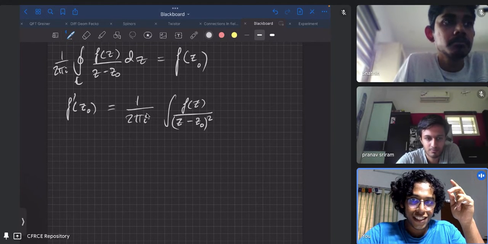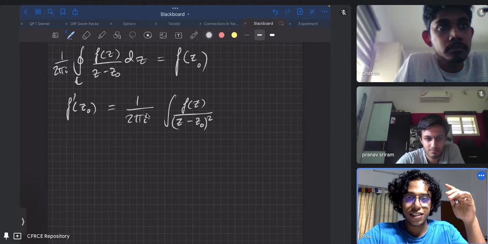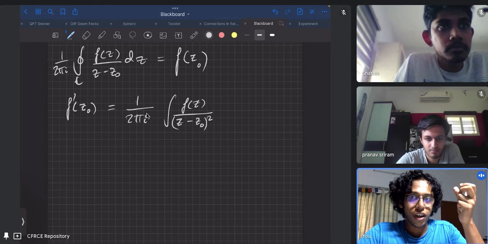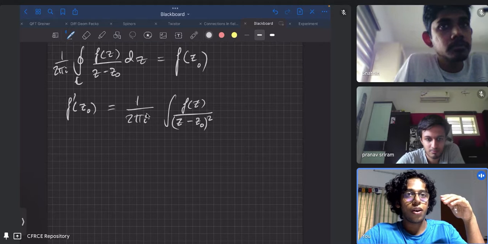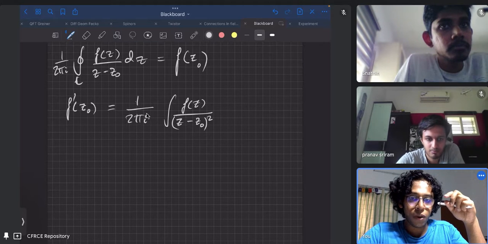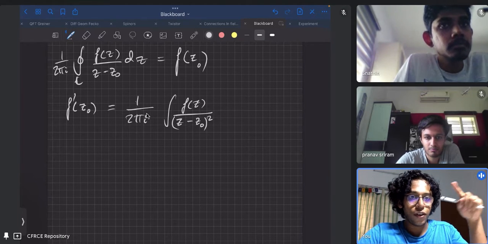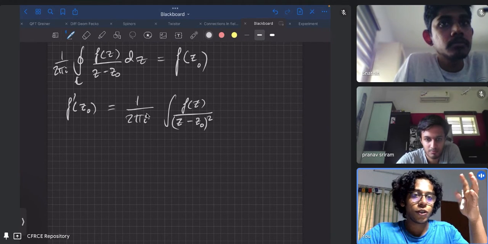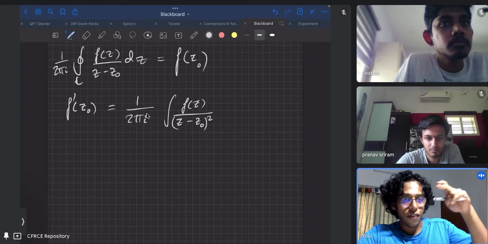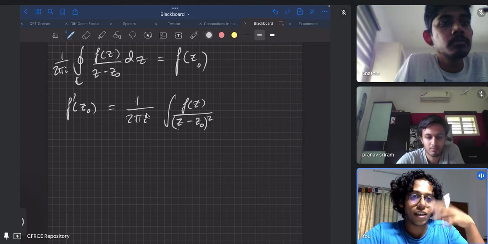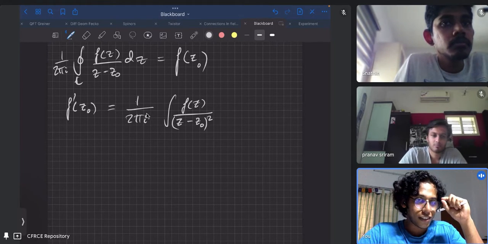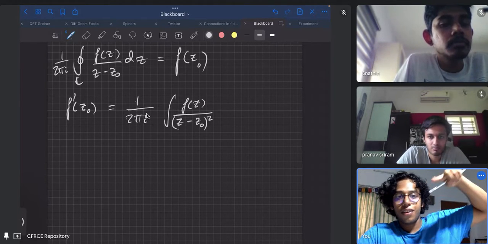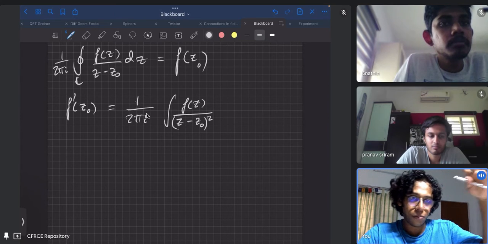Essentially, when you differentiate, you play around with where your singularity is. So you have different curves based on where your singularity is. You can have lines of singularity, so z naught is no longer a point but some sort of a curve.